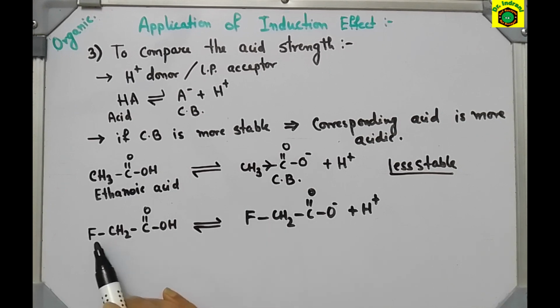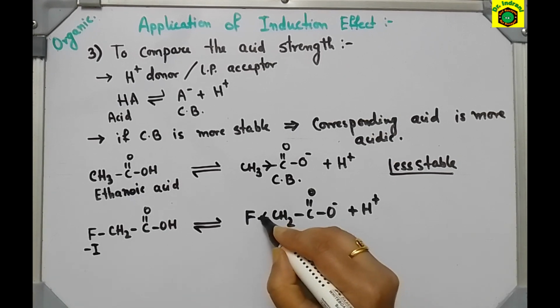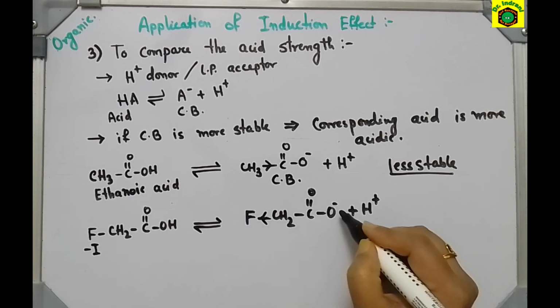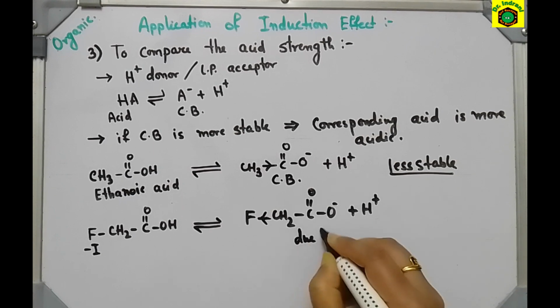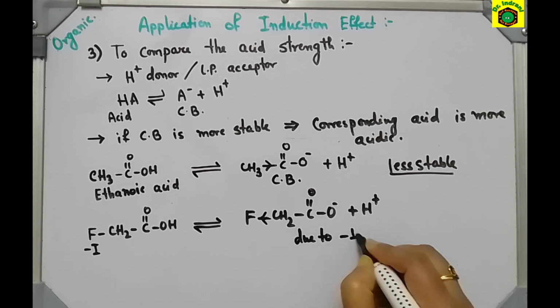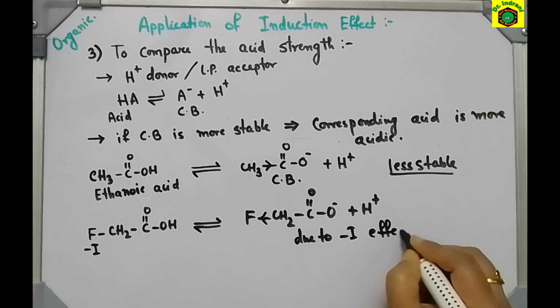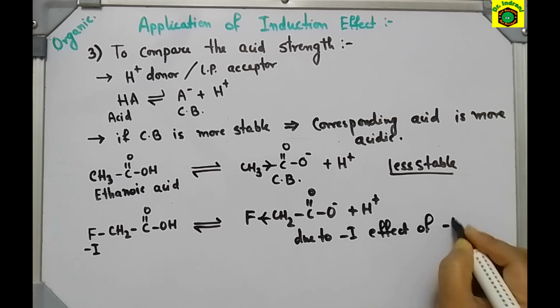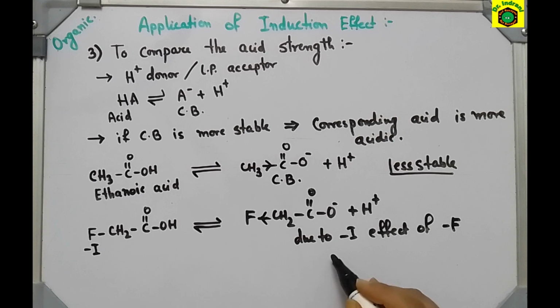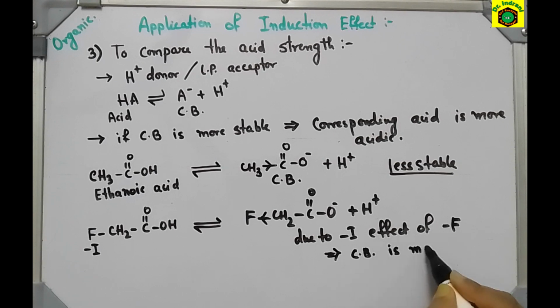Now here at the alpha position of ethanoic acid, one fluoro group is there. It is electron withdrawing. It is having minus I effect. That means here it will pull electron density towards itself. So here, due to the minus I effect of fluoro, this conjugate base is more stable.